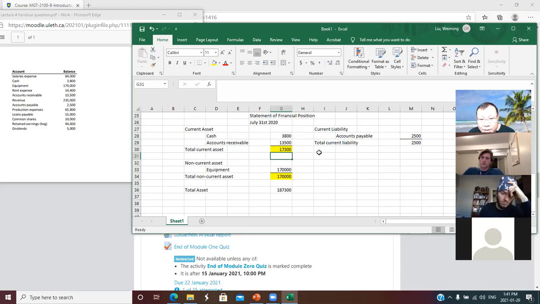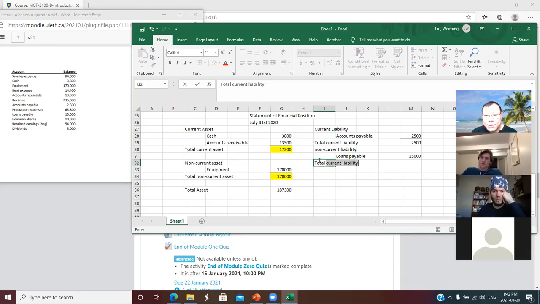Now let's deal with the non-current liability. What is the non-current liability? Loans payable. That's 1,500,000. My total non-current liability, this is the only item, right?